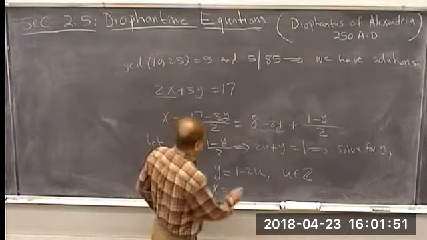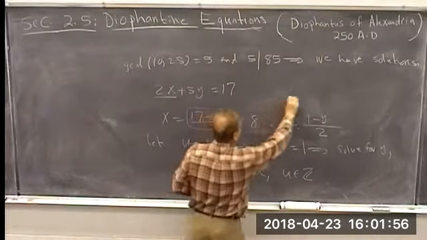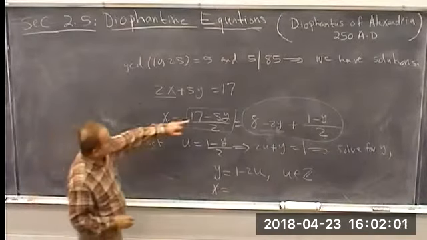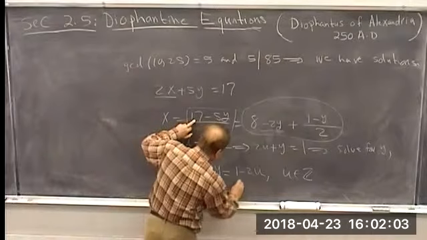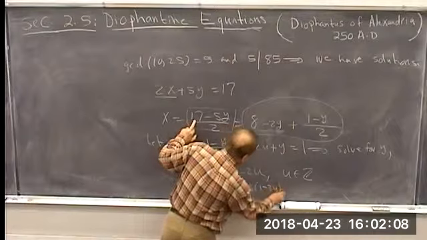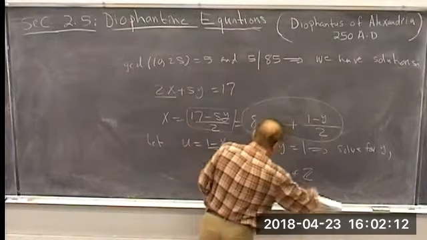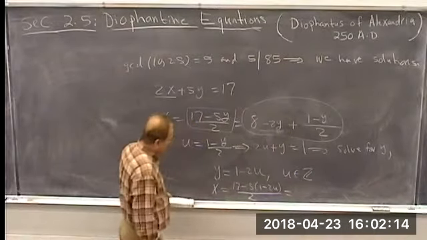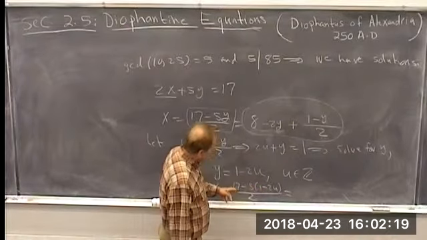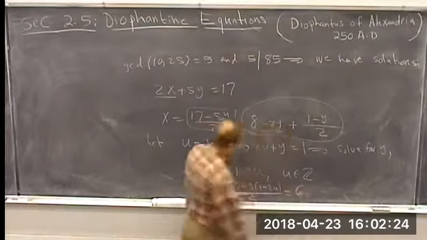x is equal to 8. We're going to just substitute. And I could substitute in either one of these forms, this one or this more stuffy one. So substitute for the y in here: 17 minus 5 times 1 minus 2u, the whole thing over 2. Simplifying and doing your algebra, you get 17 minus 5, that's going to be 12 divided by 2 is 6.